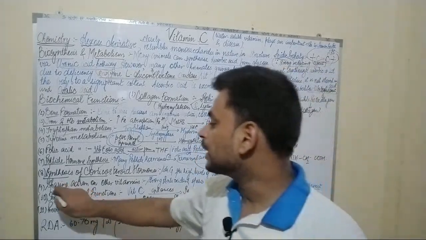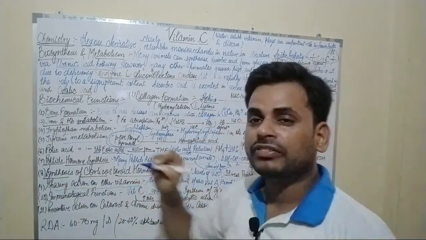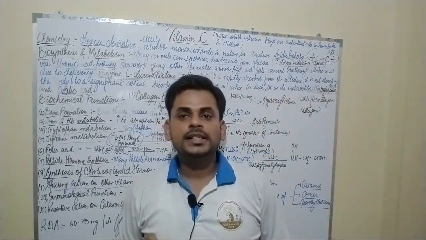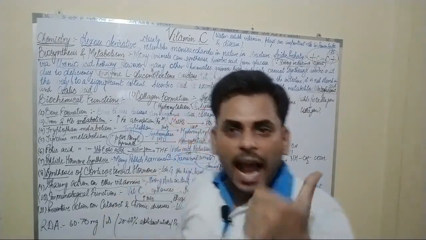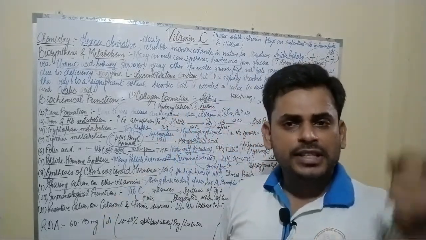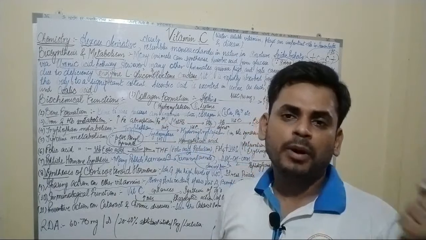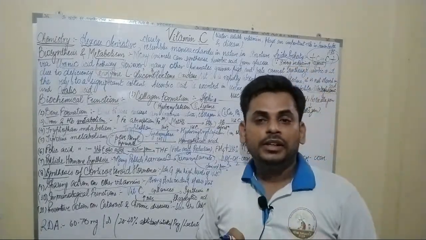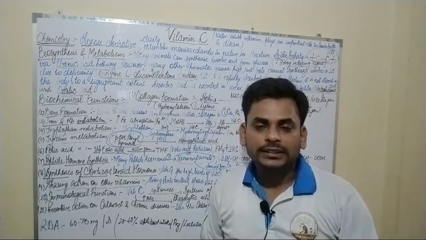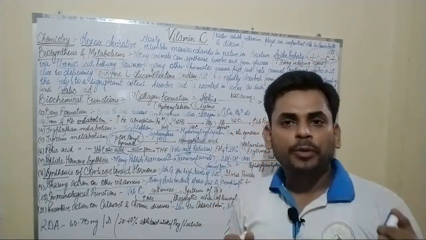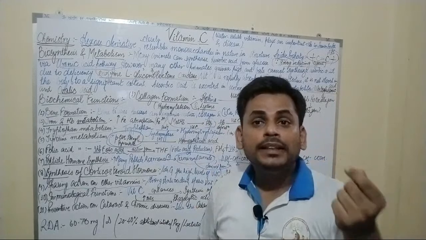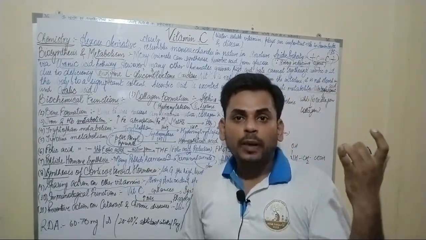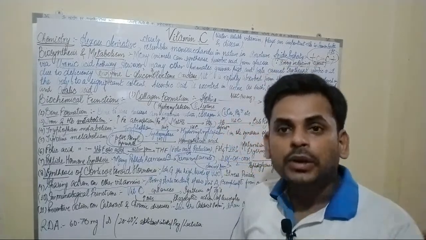Moving on to the next very, very important function of vitamin C, it is the antioxidant property. Students, vitamin C is a very strong antioxidant, and this antioxidant property helps in the sparing action of other vitamins, particularly the vitamins A, E and B complex.